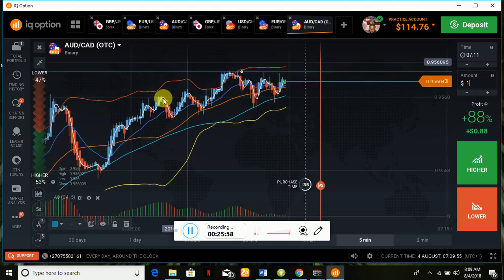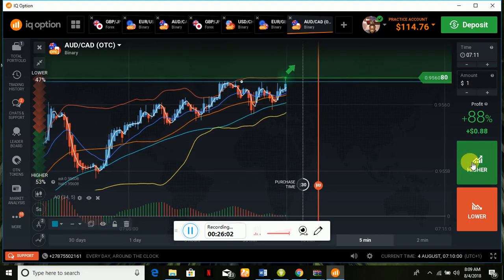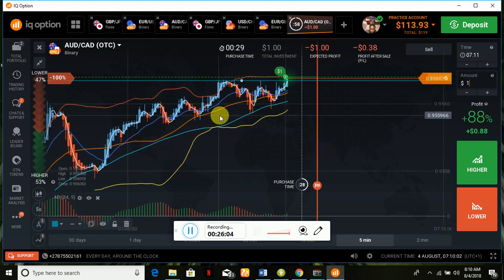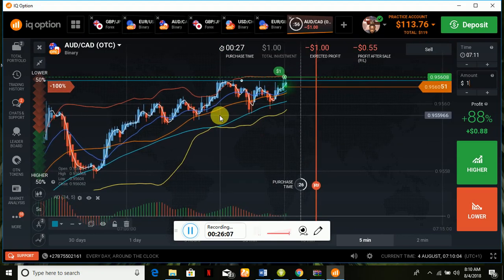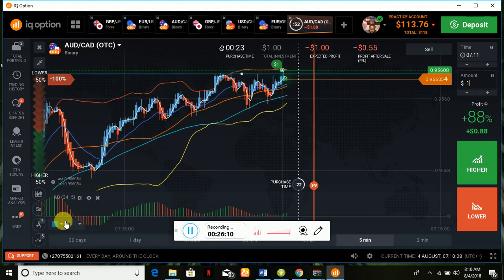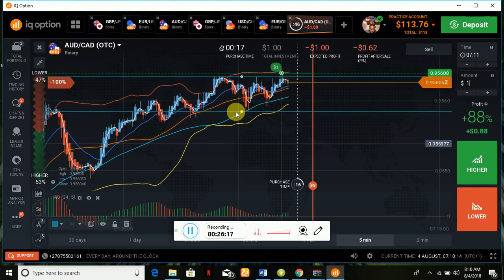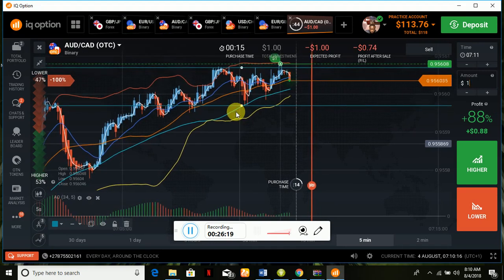If it breaks above this line, you know that you're gonna be buying. You will buy if it crosses above that line. Maybe get another line, just 2 lines, and then this line you'll be placing it here on your previous support.